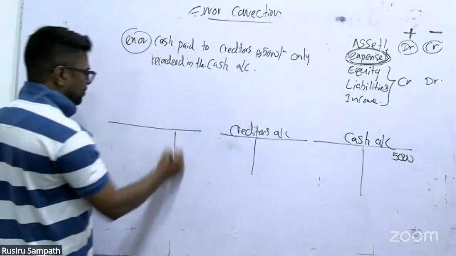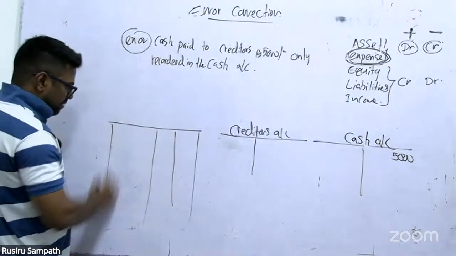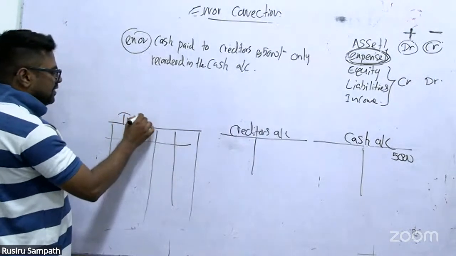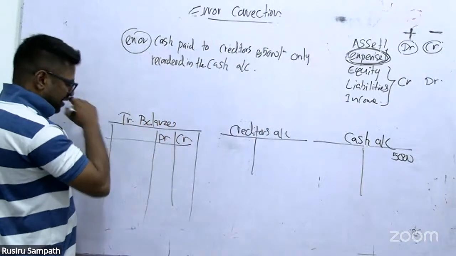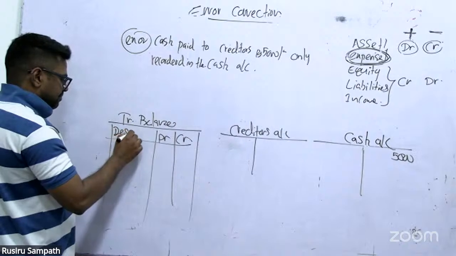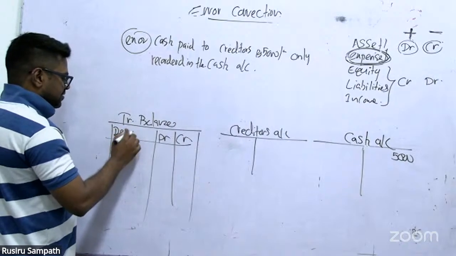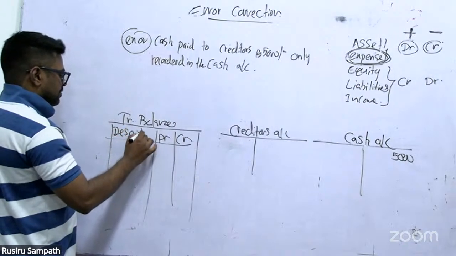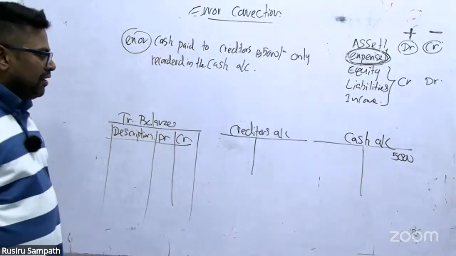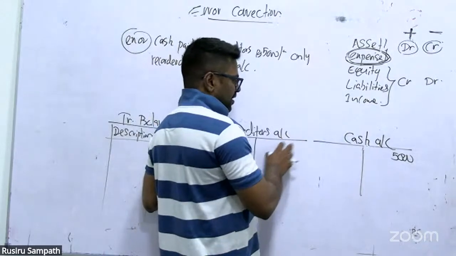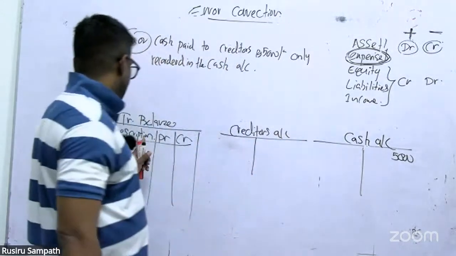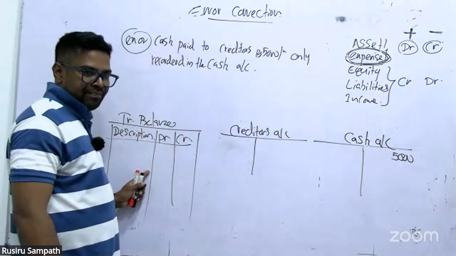First, we go to the trial balance. That is the trial balance, with a debit column, a credit column, and descriptions. All the transactions are recorded in the ledgers, and after that we record them in the trial balance.